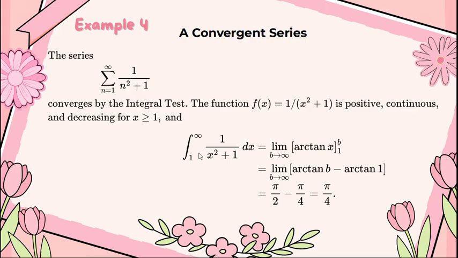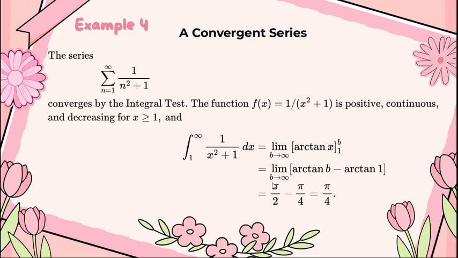So we perform the improper integral. For our function, we have the integral from 1 to infinity of 1 over x squared plus 1 dx, which is equal to the limit as b approaches infinity of the antiderivative of 1 over x squared plus 1. As you remember from the indefinite integrals before, that is arctan x, evaluated from 1 to b.